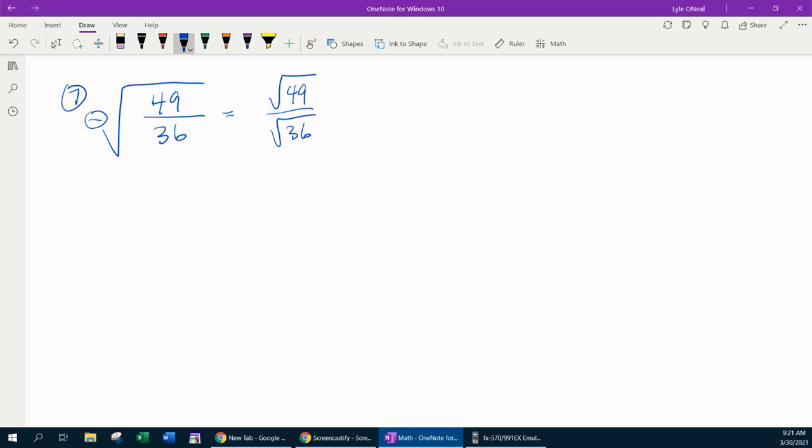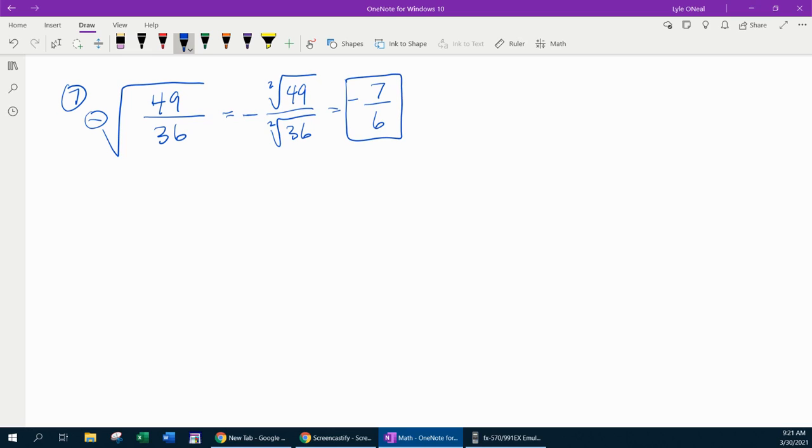The negative is just going to hang out front. I split that up because I noticed that 49 and 36 are perfect squares. When the index is not shown, it's understood to be 2, a square root. So the square root of 49 is 7, the square root of 36 is 6, and don't forget the negative hanging out front.